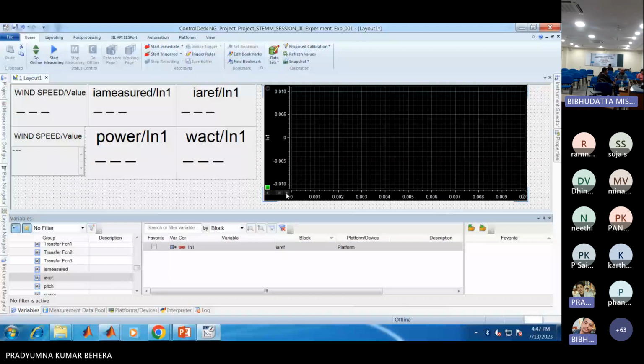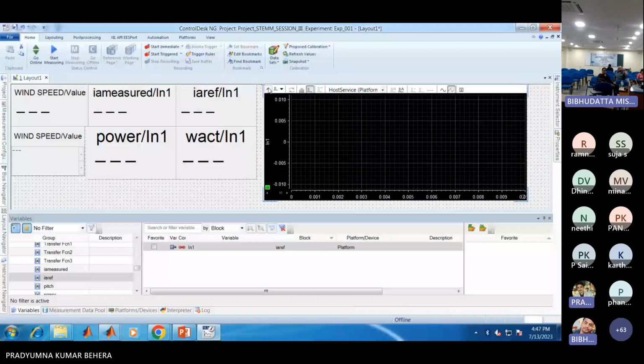From this drop down menu, I can set the time plotter to continuous mode, or I can make it triggered mode. Let us keep it in triggered mode. Sorry, let us keep it in continuous mode. After doing all these things, you have to press go online.